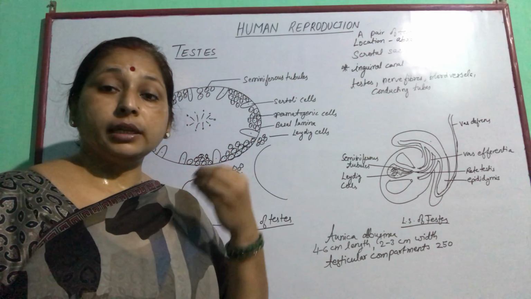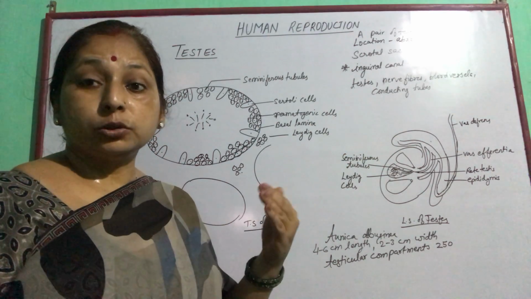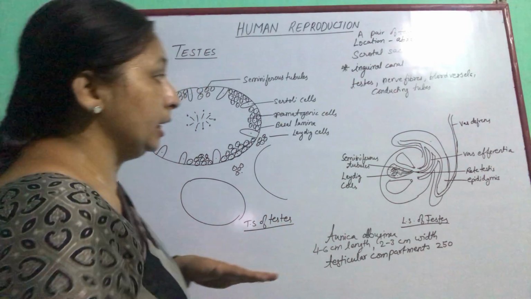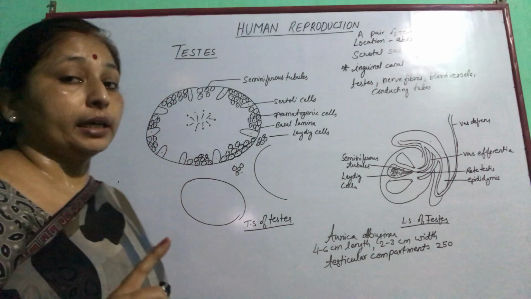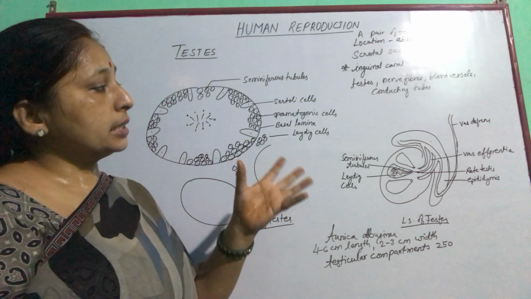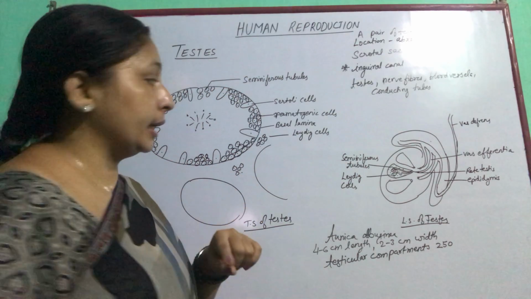It matures, gets concentrated, and is then released through the vas deferens to the abdominal cavity through the inguinal canal. The testis is in contact with the abdominal cavity through the inguinal canal.